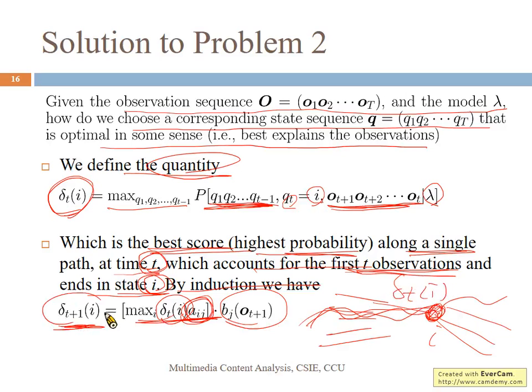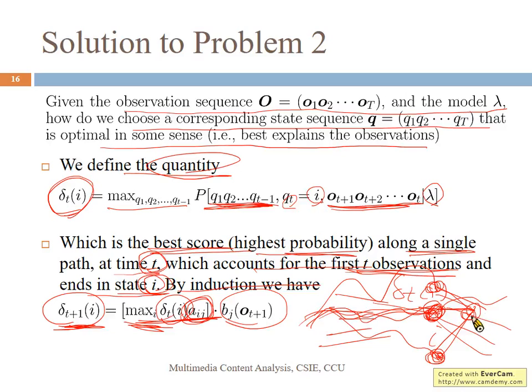And if we want to calculate delta t+1(i), we need to consider all possible states. There may be a best path from here and then go to here, another best path from here and then go to here, and there may be another path from here to here, and we just maximize over the best path.